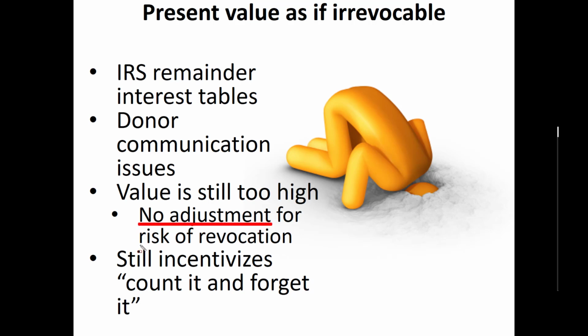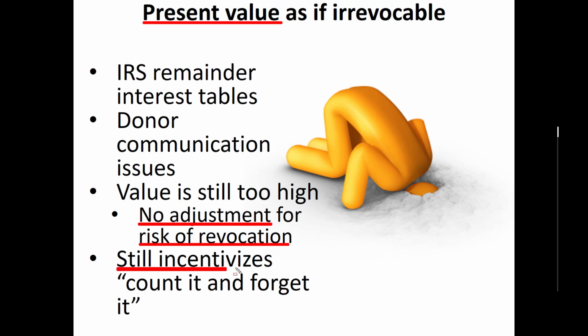Okay, risk of revocation, no adjustments there. And so this is an improvement. We are now actually incorporating in the concept of present value. We are now getting closer to an appropriate value, even though we know it's still high. It's at least much, much better than face value or face value over a certain minimum age. But we still have this problem.